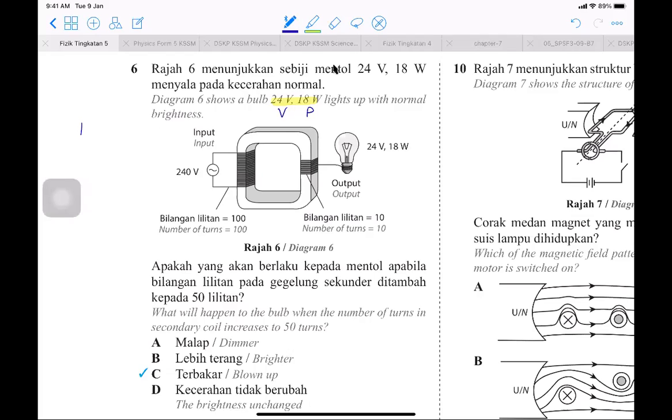P equals I times V. So to get I, P over V. So IS, the output current, is 24 over 18, terbalik, sorry, 18 over 24. So the output current should be 0.75 ampere.